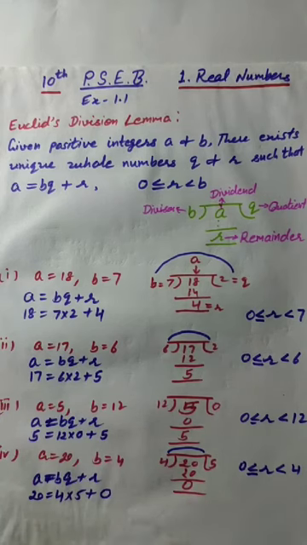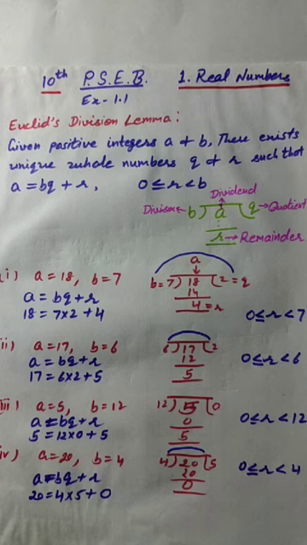So we conclude that if we divide any number by another number, we can express the process in Euclid's lemma, that is a is equal to bq plus r.